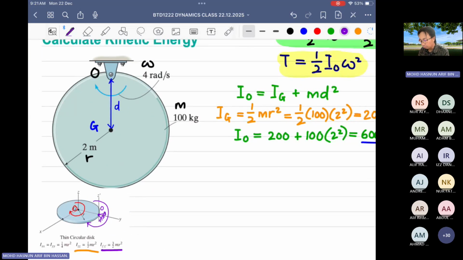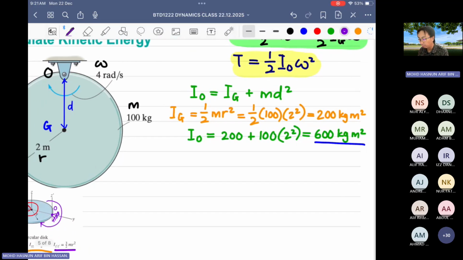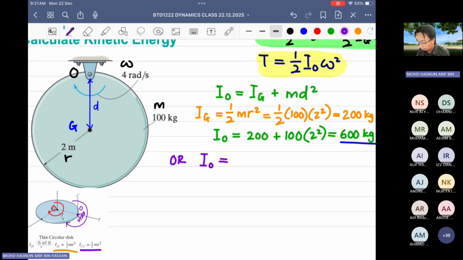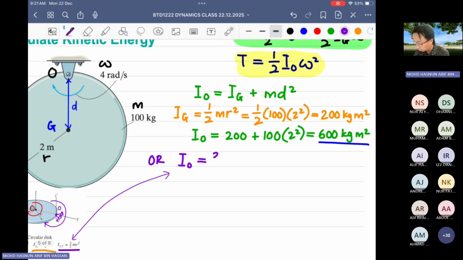So we can also use Z prime to get the value of IO. IO is also equal to 3 over 2 mr square, which is 3 over 2 times 100 times R square, which is 2 square.